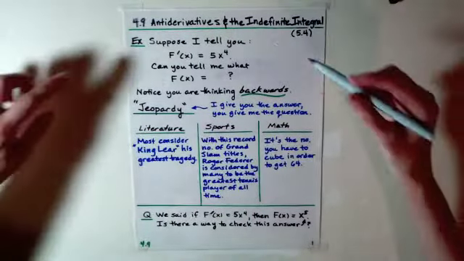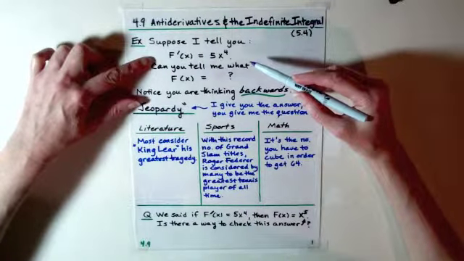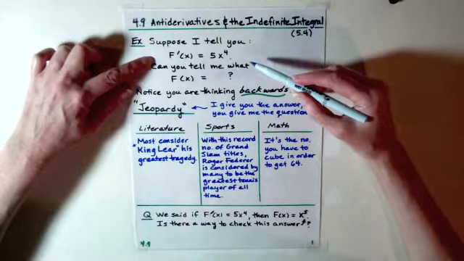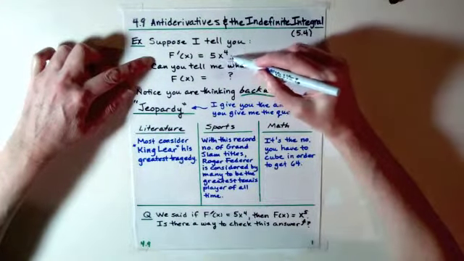So suppose I tell you the following. Suppose some function, I'm going to call it capital F, has derivative F prime of x equal to 5x to the fourth.